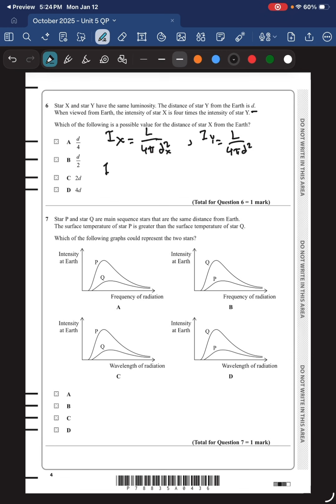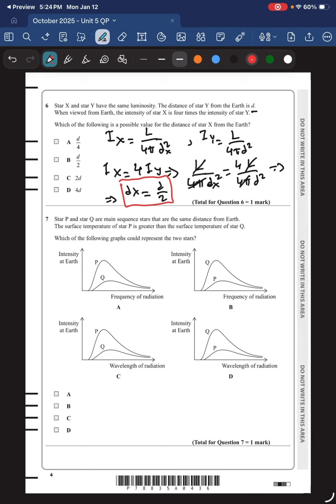Now we know that Ix is 4 times Iy. So L over 4 pi dx squared is equal to 4 times L over 4 pi d squared. Most things cancel, so we can immediately deduce that dx is d over 2, where we take the positive root, of course, because it's a distance. So the correct answer is B.